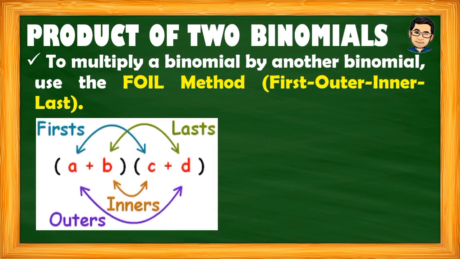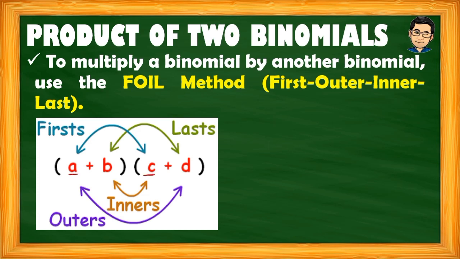As you can see, the two binomials are being multiplied. So, a plus b times c plus d. Yung dalawang first term dyan na magsisilbing F is yung a tsaka c. I-multiply yon.